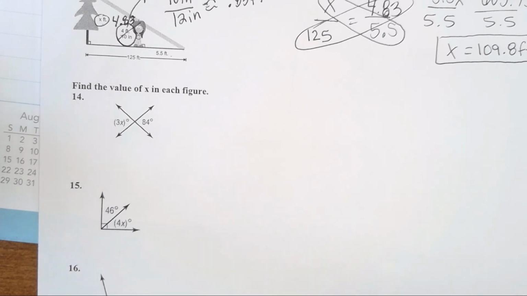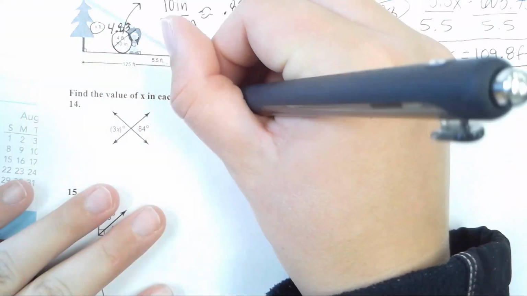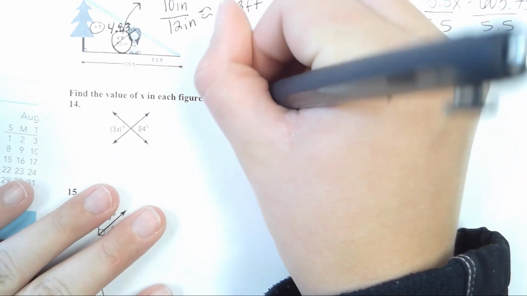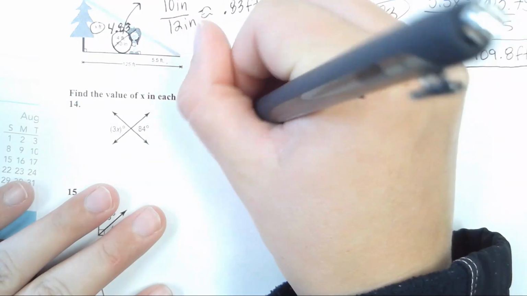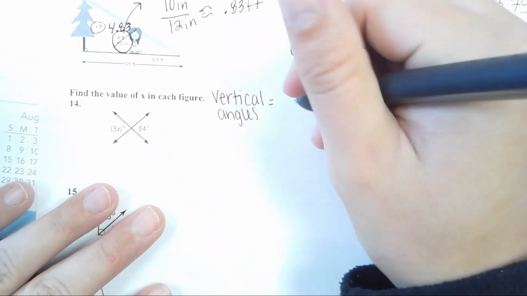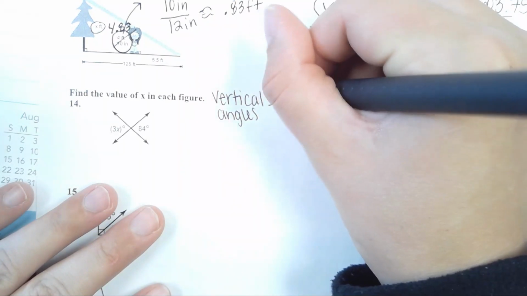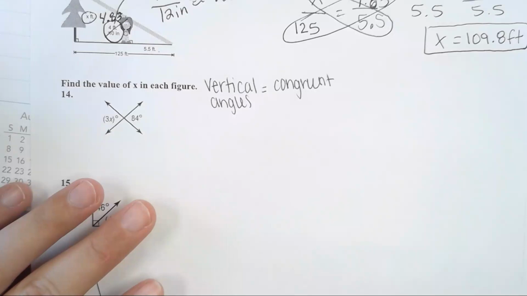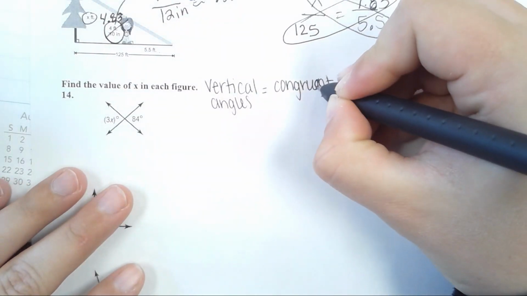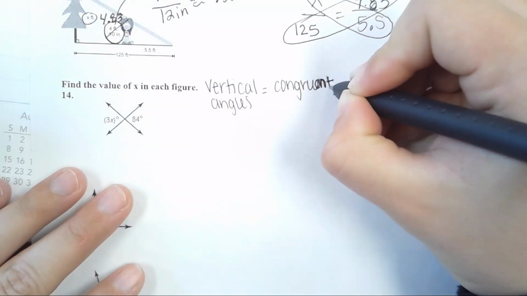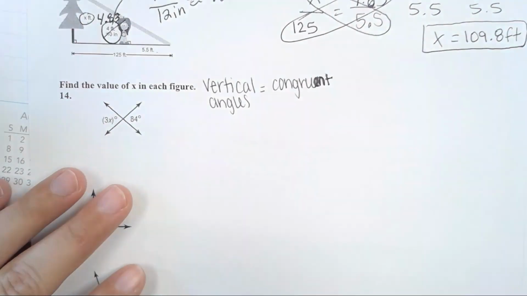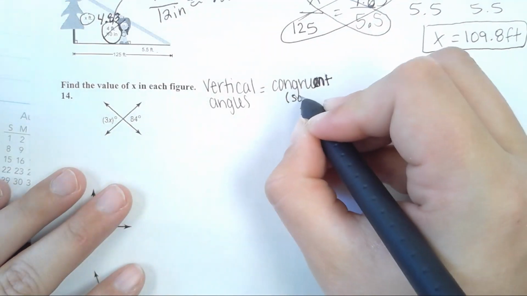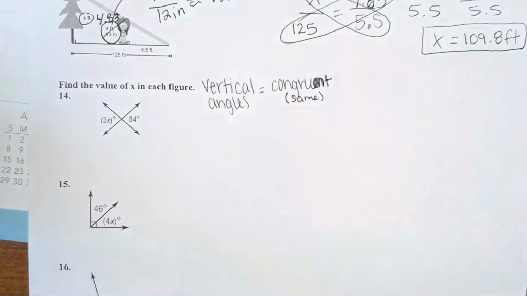Because if you're dealing with vertical angles, you want to set your equations equal to each other because we know that vertical angles are congruent. And congruent means that they are the same. So you just want to set your angles equal to each other.